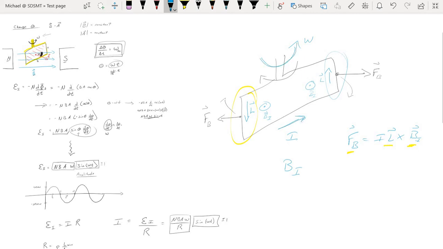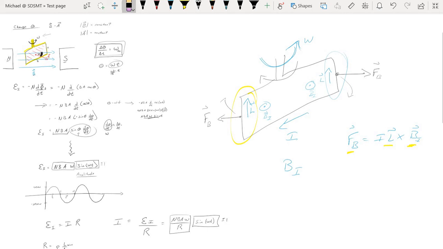But then our coil rotates to some point where the current flips around. So what's going to happen when our current flips over? Well, you can go through and flip over all of your L vectors. Oops.